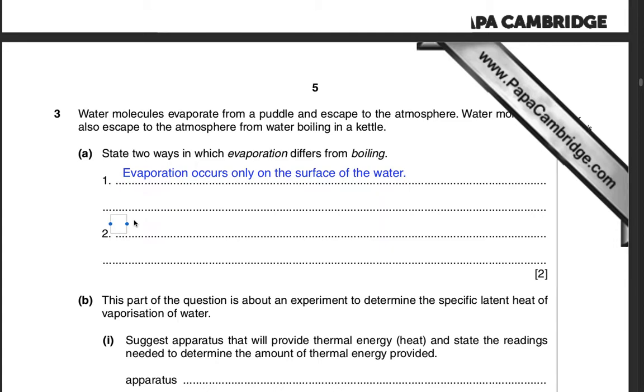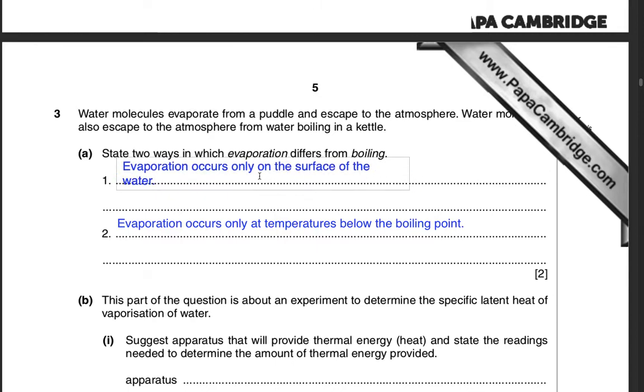And evaporation occurs only at temperatures below the boiling point. Okay, you can say that, whereas you can end it with boiling occurs throughout the liquid.